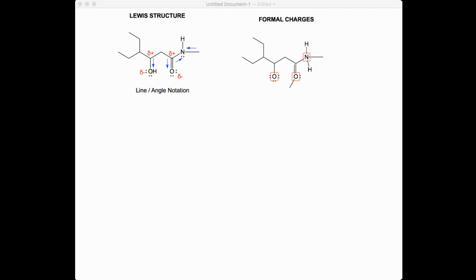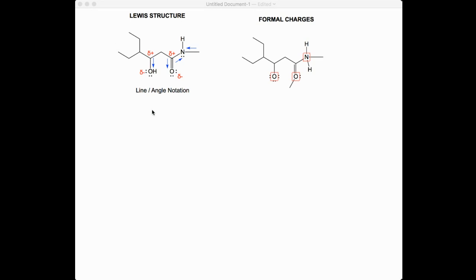Oxygen is in group 6, so it has 6 valence electrons. Any oxygen with 6 valence electrons will be neutral, meaning formal charge is 0.